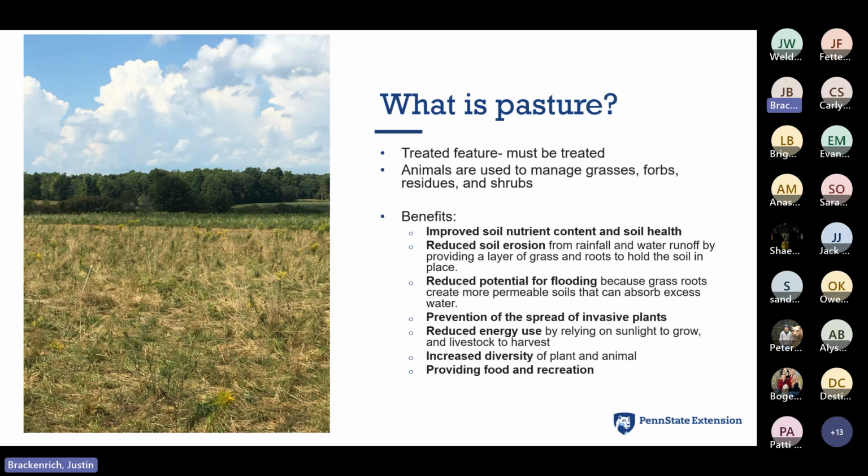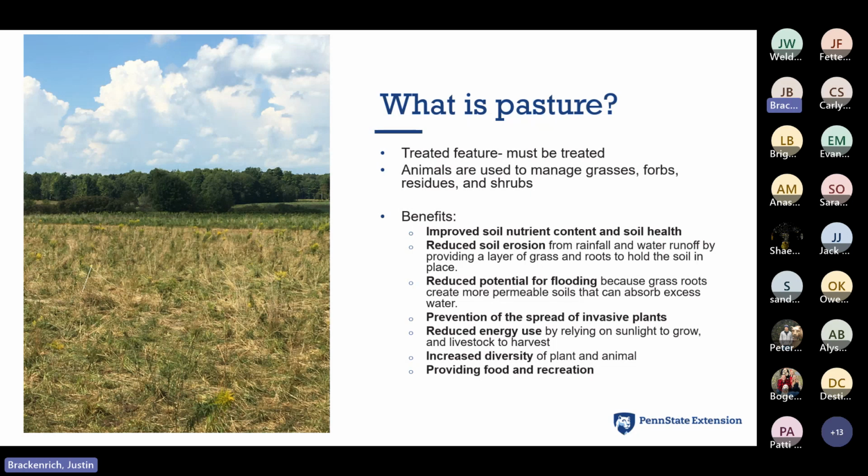And so we could look at something like CREP or an abandoned strip mine that may in fact be grasslands, but it's not this term that we're looking at as far as pasture or grassland because we're not treating it, right? It's existing. It does have a lot of ecological benefits. It does do some of these boxes that we're going to look at, but we're not treating it to reduce some of these things.